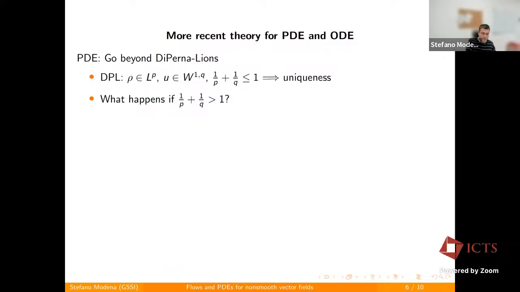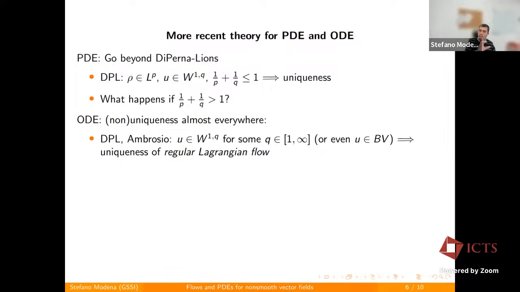Now, what about the ODE? So let's summarize what we have done. The general question for the ODE will be whether uniqueness holds or not almost everywhere. In what sense? Well, once again, what we have seen by combining the deterministic theory and the Ambrosio one is that if we have a vector field which is Sobolev W^{1,q} for some q between 1 and infinity, or even a BV vector field in the Ambrosio theory, then combining the PDE part with the ODE part, we have existence and uniqueness of a regular Lagrangian flow.